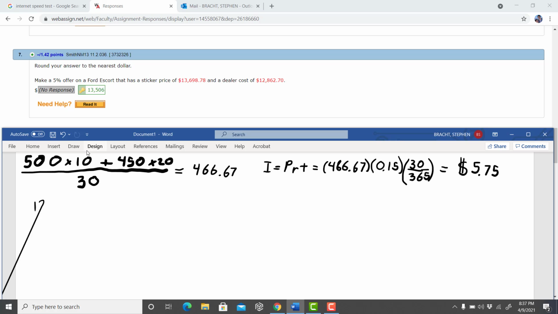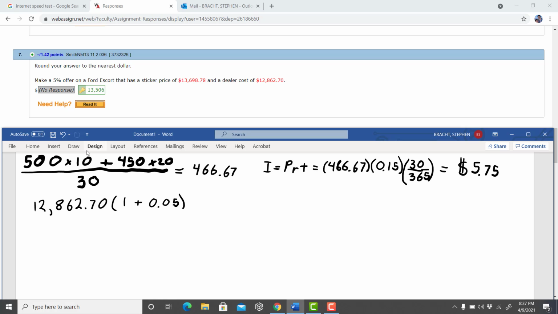And the easiest way to do that would be to just say 12,862.70, and that gets multiplied by 1 plus 0.05.